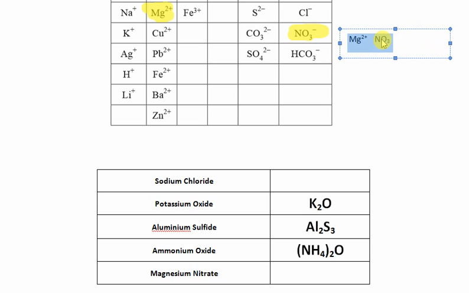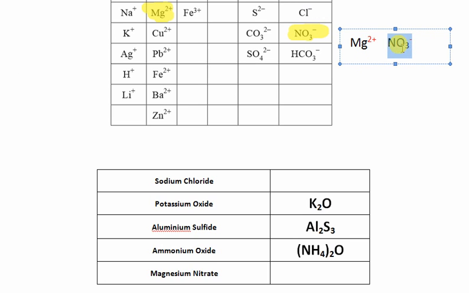If we have a look at those there, we can see that NO3 is a 1-. So again, don't get confused by the little 3 there. The whole thing is just a 1-. So Mg is 2+, NO3 is 1-. You can see from the column it's in the same column as the chlorine 1-.